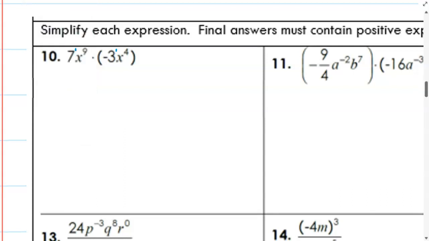No, once again, I put a negative. 7 times negative 3. I'm rearranging. And you can do that because there's multiplication, and that parentheses just means multiplication. Okay, so negative x to the 9th, x to the 4th, negative 21, x add the exponents, and x to the 13th. Good job.